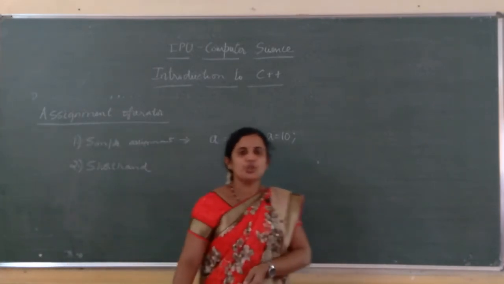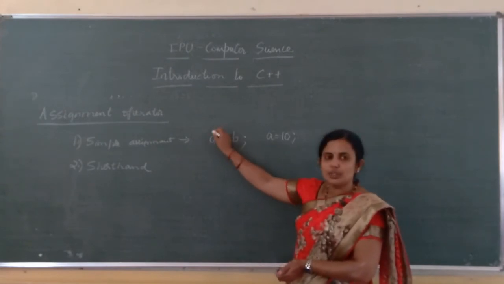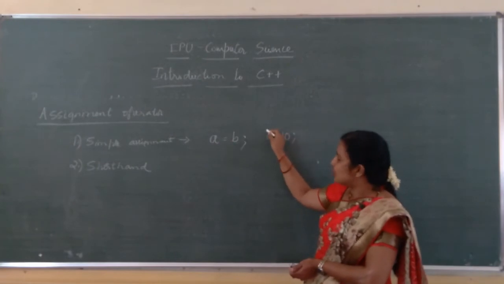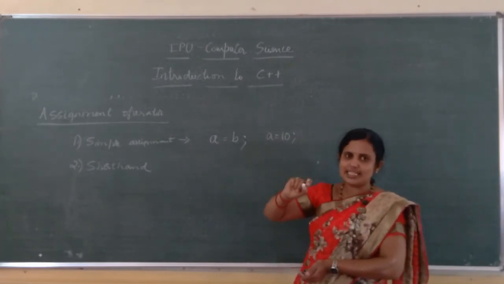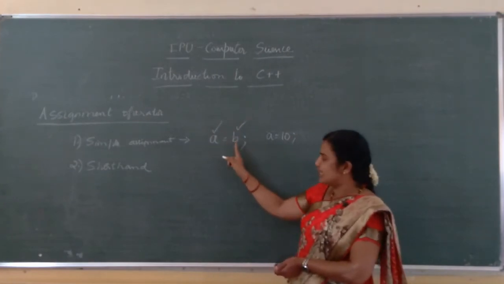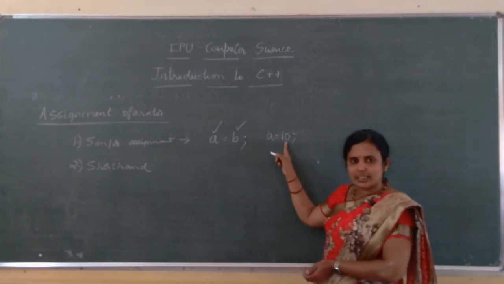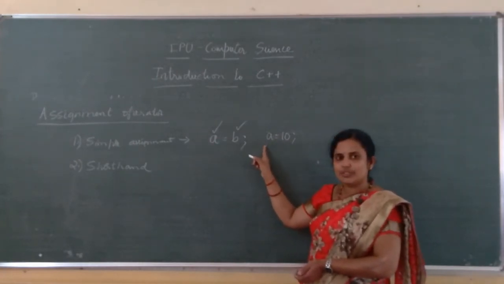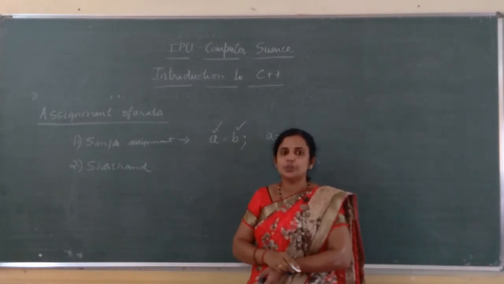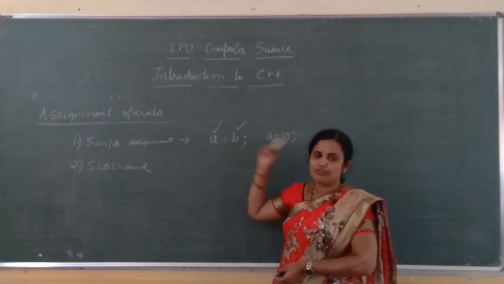That is used to assign a value from the right operand to the left operand. Usually consider this as the right operand, this as the left operand. Here 10 is the right operand and A is the left operand. Why is the simple assignment operator used? It is used to assign a value from the right operand to the left operand.